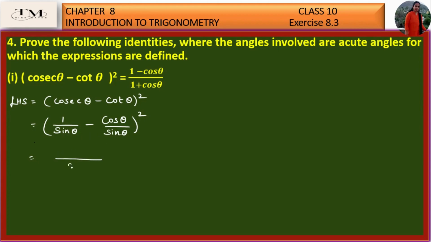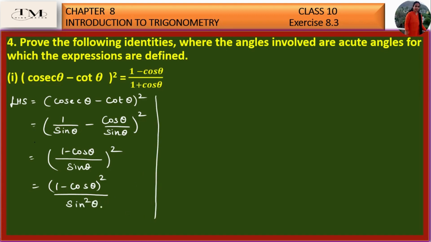Both have sine theta, so we can subtract the numerators. So it is 1 minus cos theta whole square. Applying the square to the numerator and denominator, 1 minus cos theta whole square divided by sine square theta.